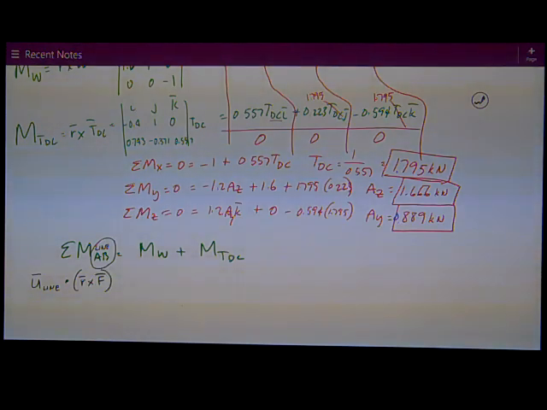So this works out to be really convenient for me. So the moment about W, this determinant looks like, instead of having I, J, K on the top, I've got Ux, Uy, Uz, the components of the unit vector in that direction.